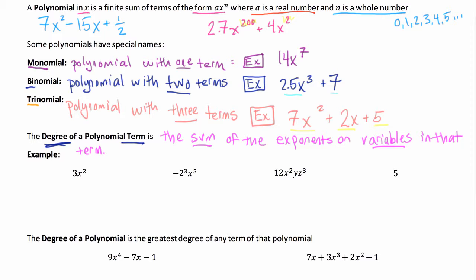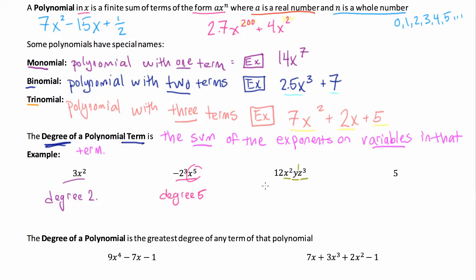So, for example, this one, 3x squared, that is degree 2. Here, now I have my 2 being raised to a power, but this is my only variable term. So this is degree 5. Over here, I've got x squared, y to the first, z cubed.